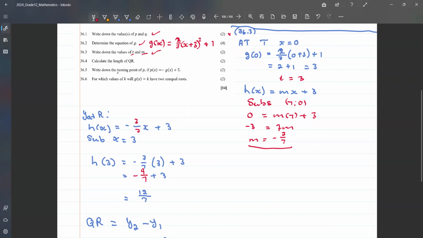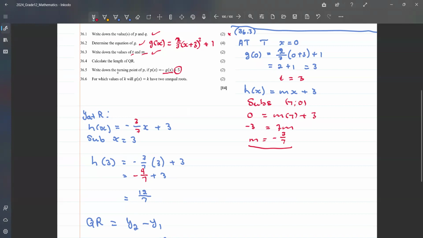So we have two parts here. Negative G of X means it has been transformed by reflection on the x-axis, and then plus 5, it was then translated or shifted up by 5 units.